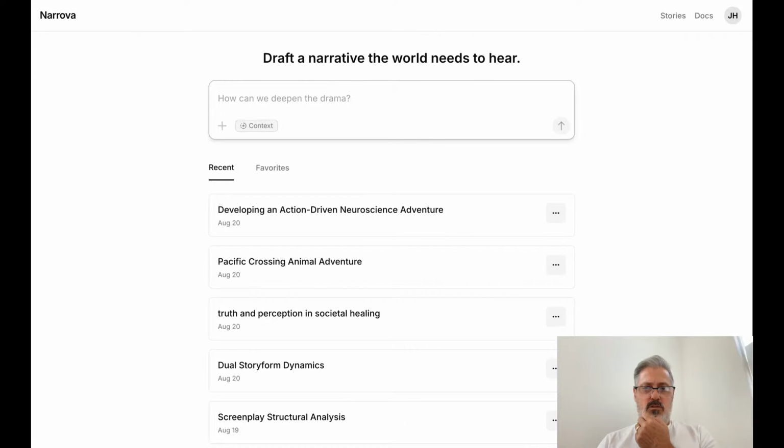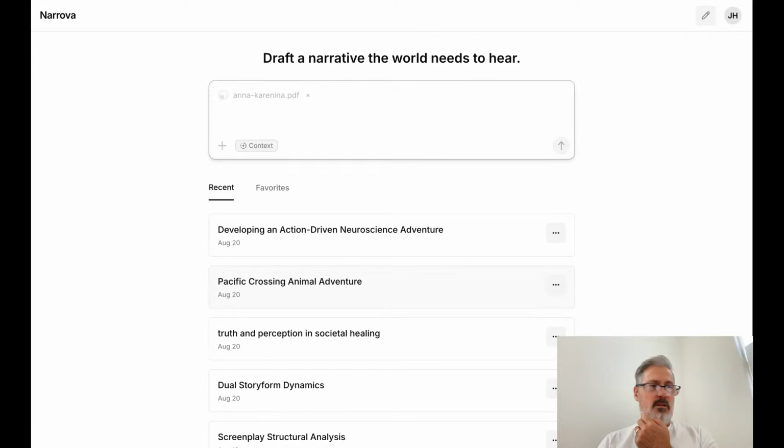All right, so I have the whole novel. Is that coming up? Okay, great. So I have the whole novel of Anna Karenina, which is 6 megs, and is the entire thing. I think it's like 800 or 900 pages.